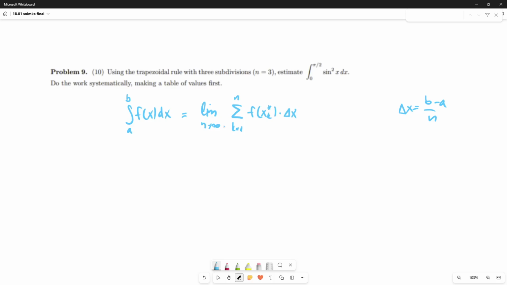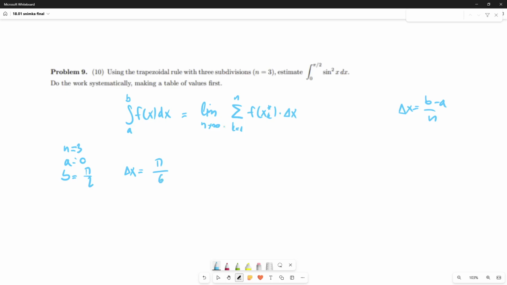In our case, when we use this trapezoidal rule, we have n is equal to 3, we have a is equal to 0, we have b is equal to pi over 2. Therefore, we have delta x is equal to pi over 6.